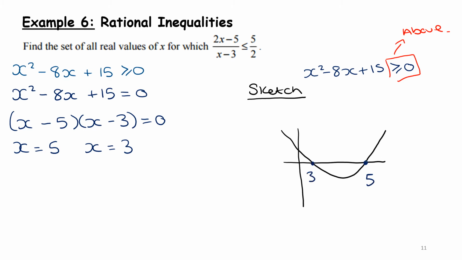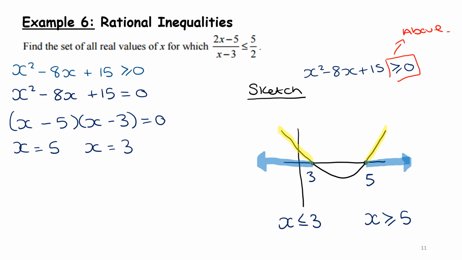Getting my highlighter, I'm dealing with these two sections of the graph. They correspond to these two sections on the x-axis, and these are x is greater than or equal to 5, and x is less than or equal to 3. Now, that's our final answer.